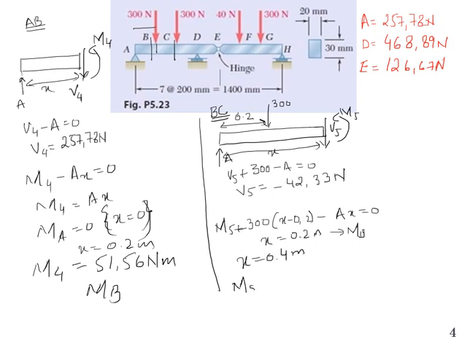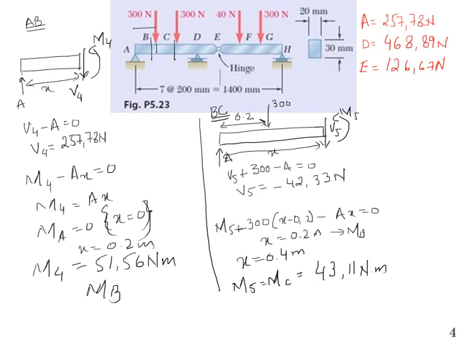So M5 becomes MC, and the value of moment will become 43.11 Newton meter. Again there's a point load between B and C, so shear force will be constant and bending moment will be linear. So at B it will be 51.56, and at C it will become 43.11, and the variation will be linear.